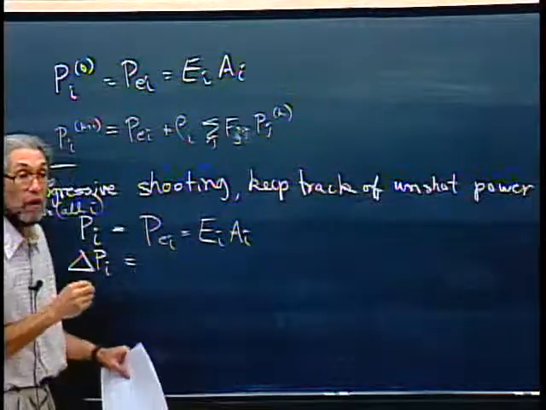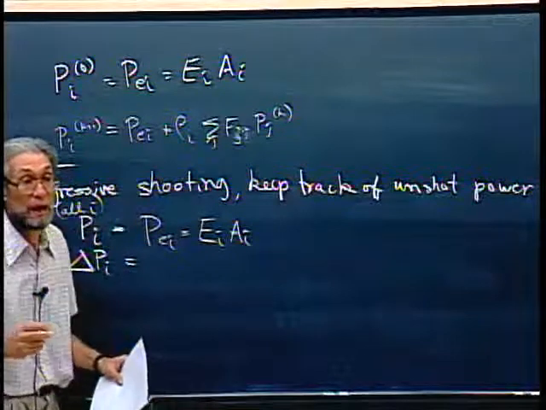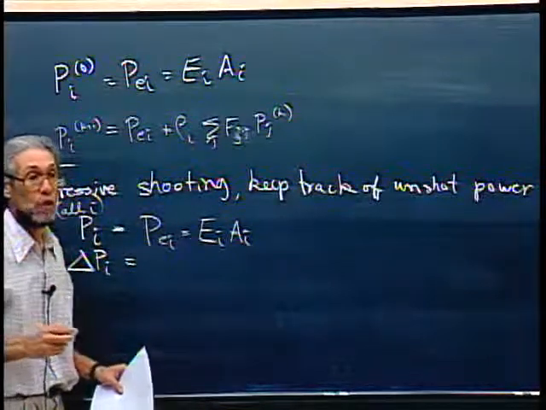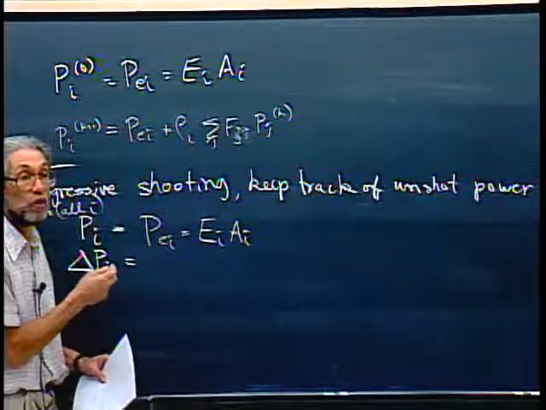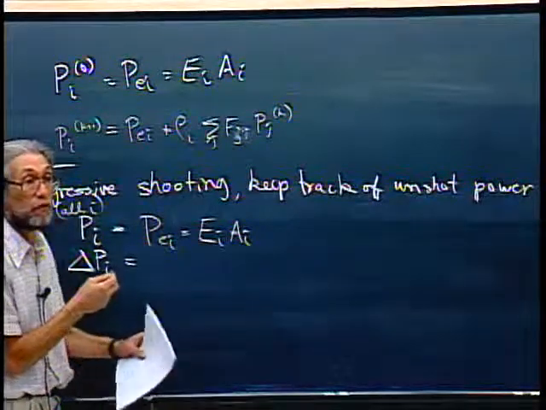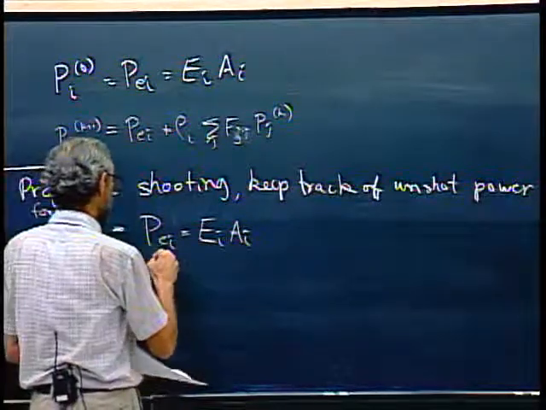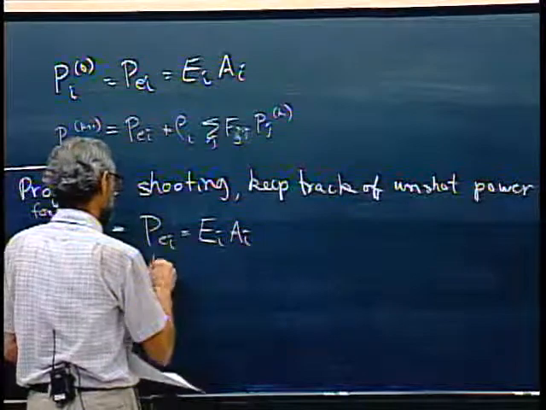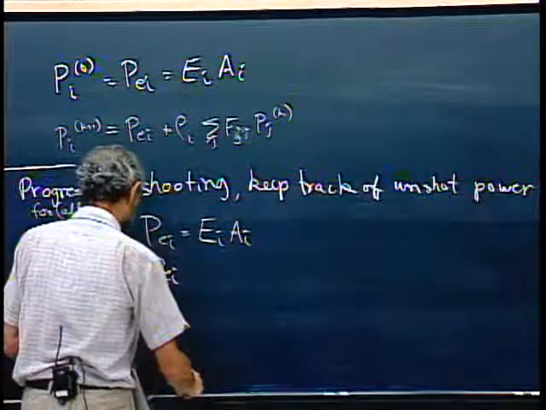That's the new power, for the second time that wall shoots. You don't want to shoot its initial power because you're going to be accumulating the power from each shooting. Delta P_I equals the same thing, P_E_I.